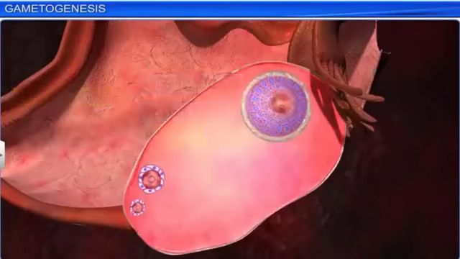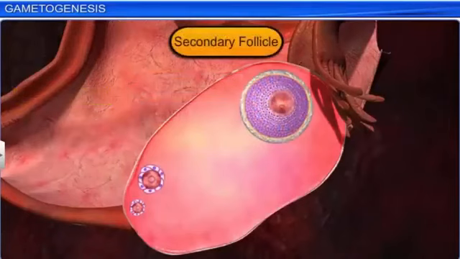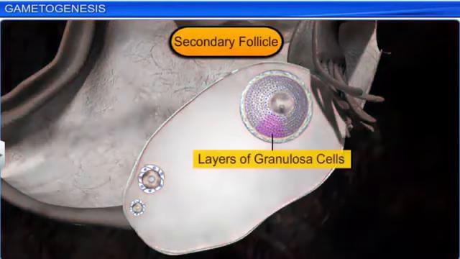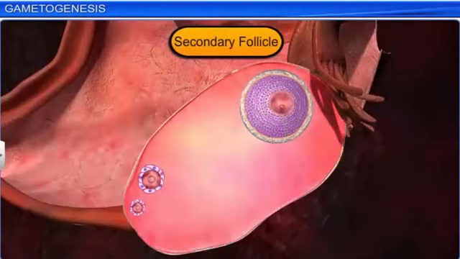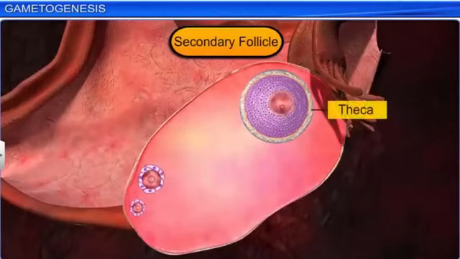The primary follicle is transformed into a secondary follicle when it enlarges and is surrounded by several layers of granulosa cells, which in turn are enveloped by a developing theca or capsule.